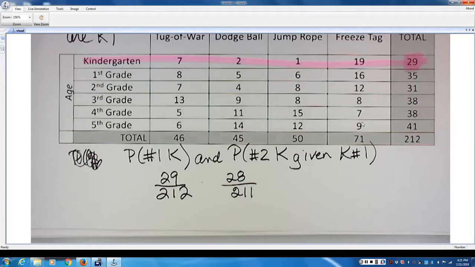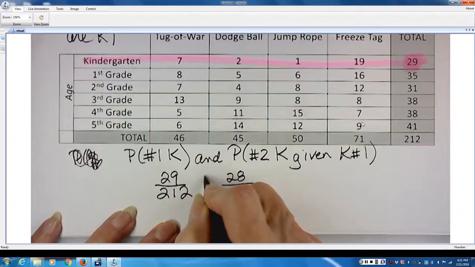Okay, those are not independent events anymore, because the probability I got kindergartner number 2 was influenced by the probability that I got kindergartner number 1. Now I still have this word and. What does and tell me I need to do with this? Okay, I need to multiply those.